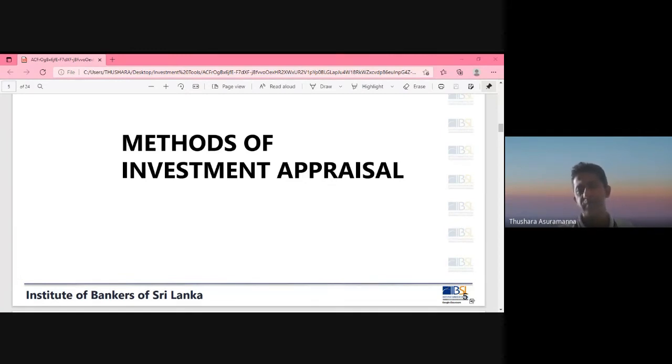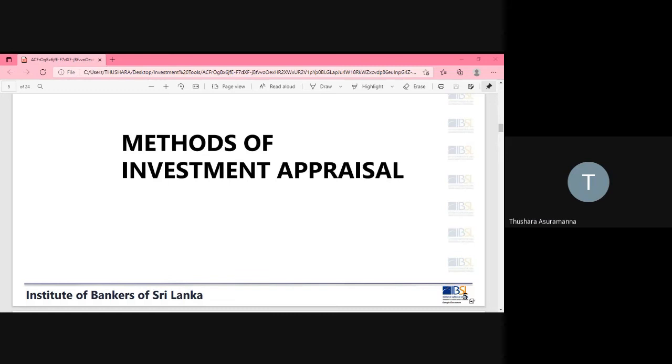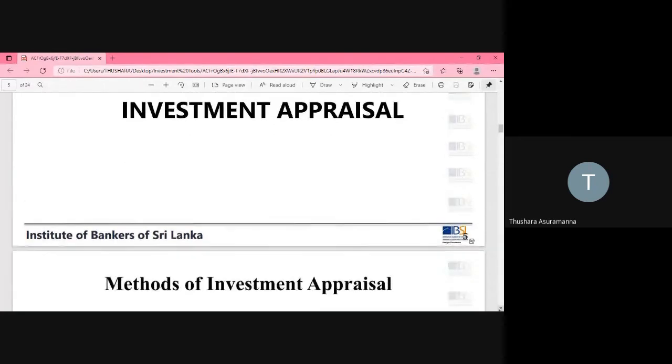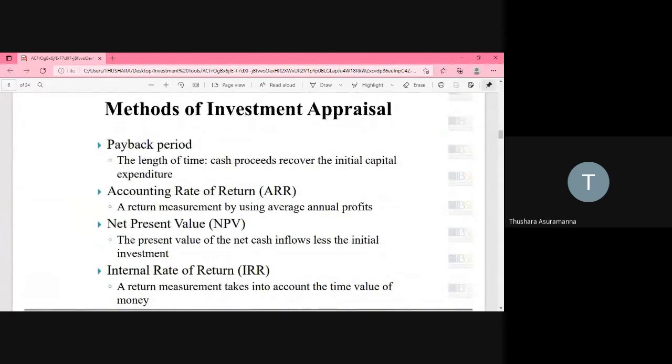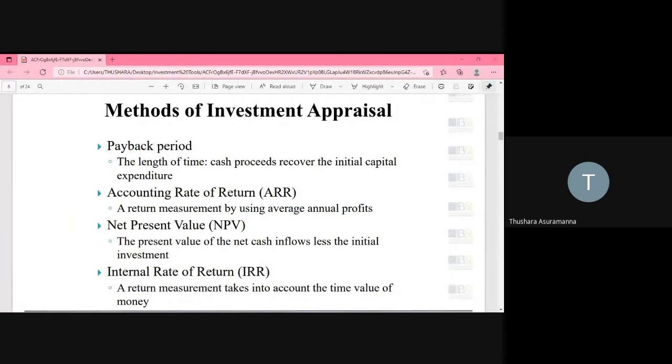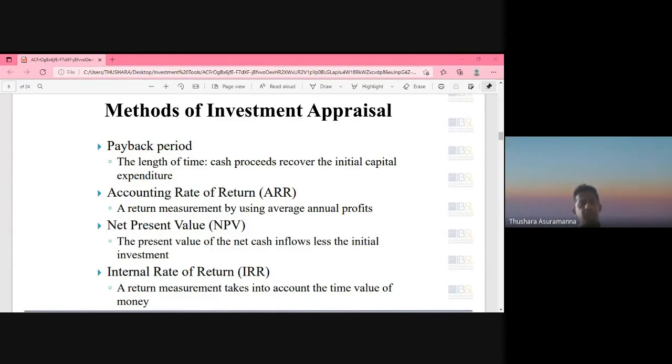So let's start on the more important areas in terms of investment appraisal. So there are 4 methods of investment appraisal we are talking about here.